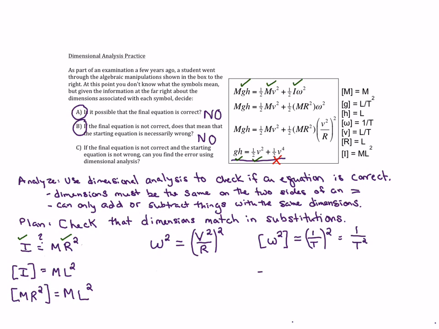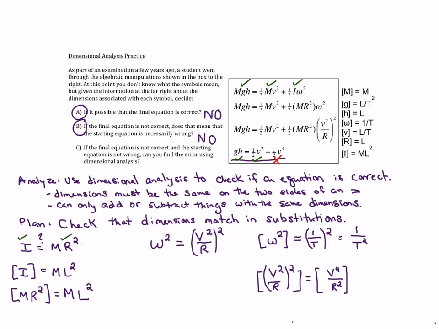Now we also need the dimensions of V squared over R, squared. This looks a little complicated the way it is, so I'm going to simplify it. So I simplified that here by just taking the squared and distributing it. So V squared squared is V to the fourth. R in the denominator squared, r squared, turns into r squared here.